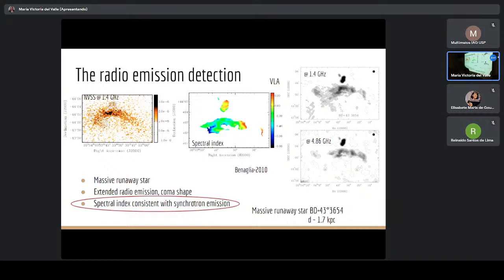So it seems that the radio emission is coming from there. After seeing this radio emission in a catalog, dedicated observations at radio, at two frequencies, discovered emission that is associated with the bow shock. It has this coma-shaped structure, and is showing negative spectral indexes.